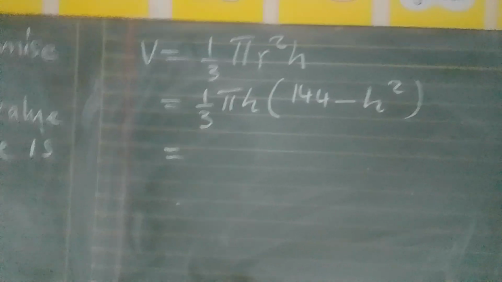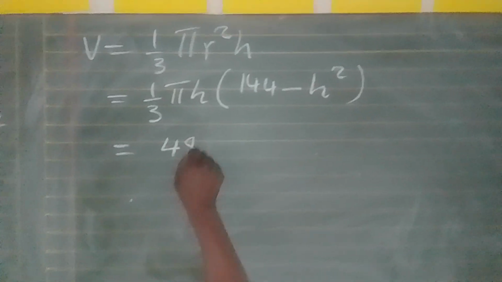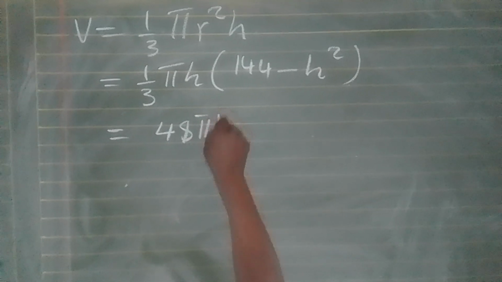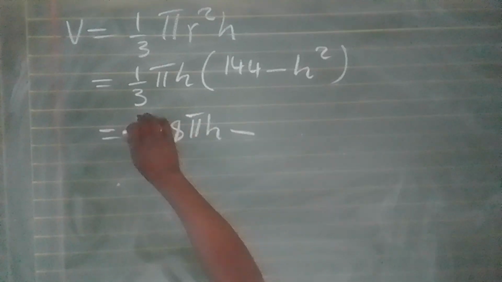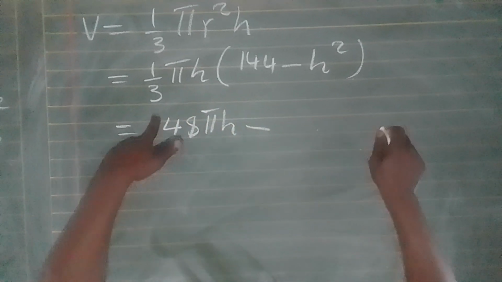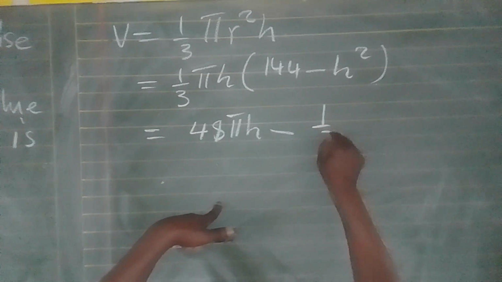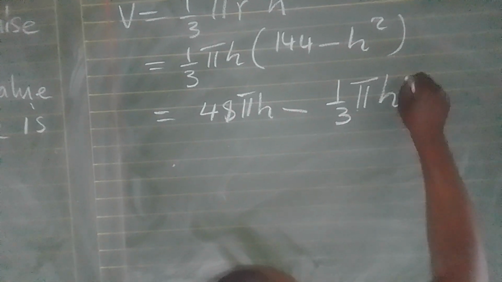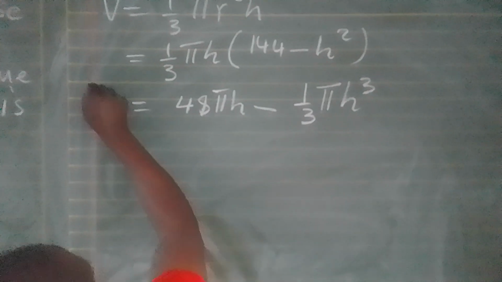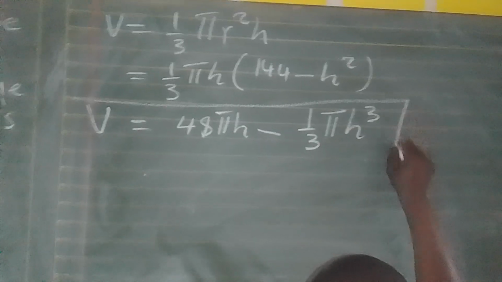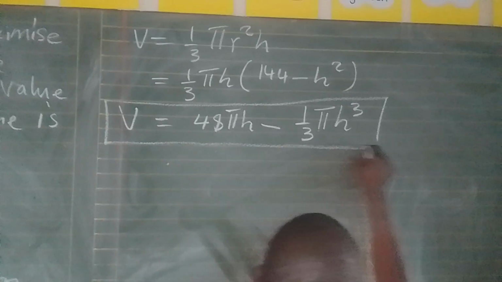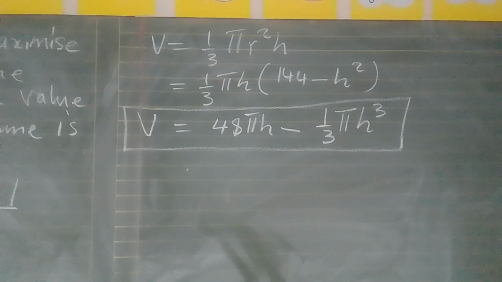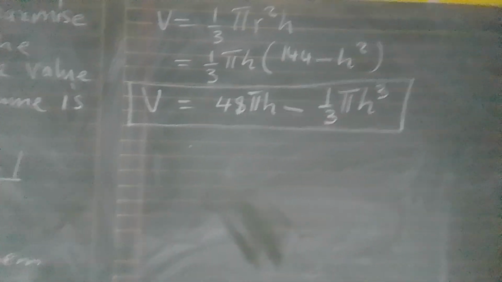So we multiply throughout here. 144 divided by 3 is equal to 48 pi h minus, it's 1/3 pi h times h squared, which is h cubed. We have proven that it can be expressed in terms of V. Now we come to 9.2.